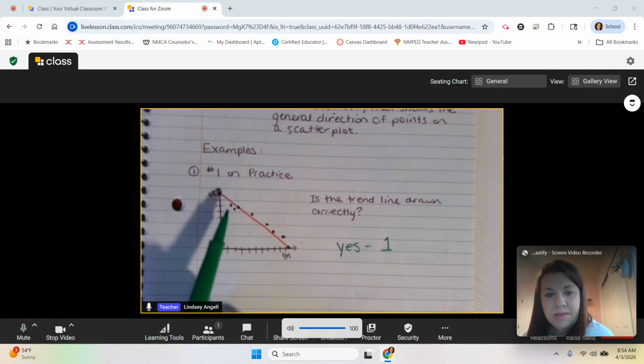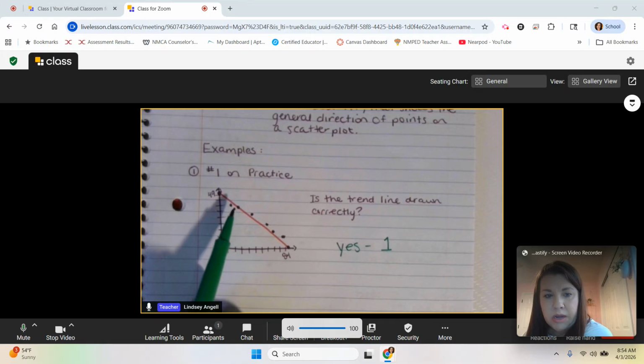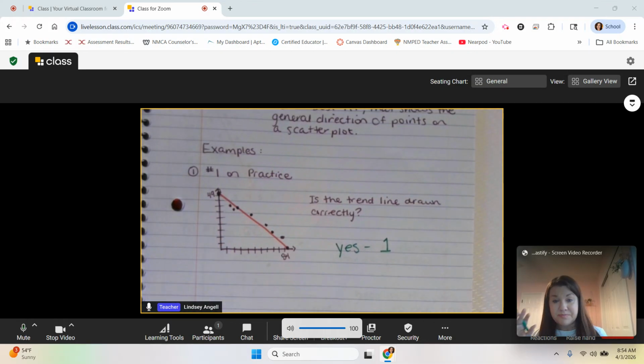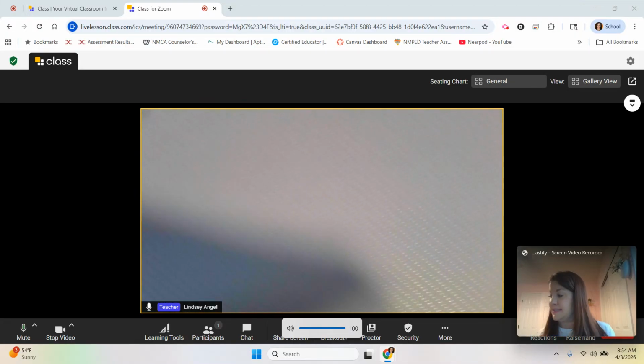That's probably the best line that we could draw in between all of those points. Your goal with a trend line is to make it fit, like the average line when the points on a scatter plot are a little uneven from each other. We're trying to make them even. So that one would be a yes.